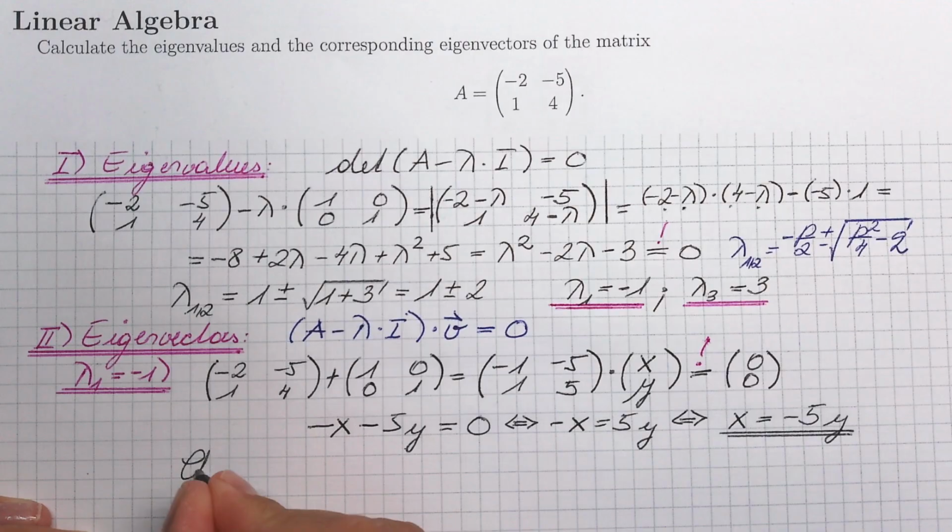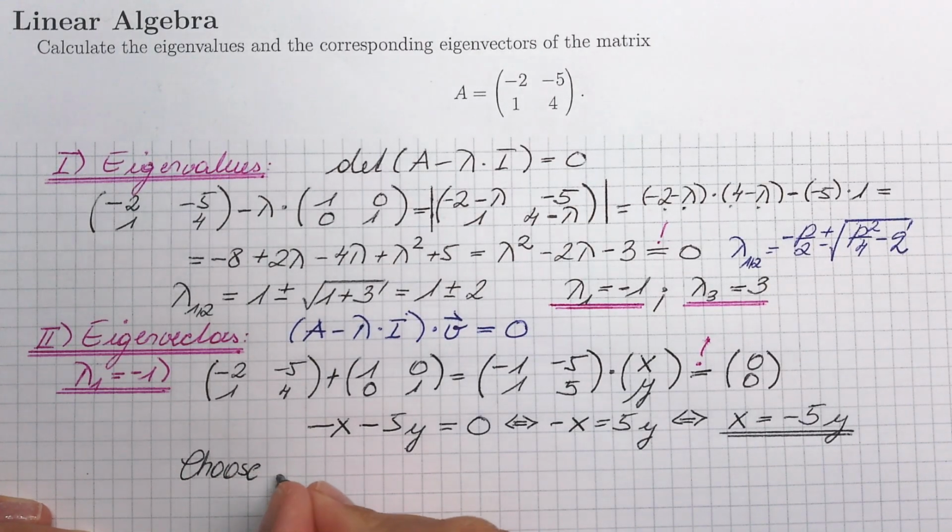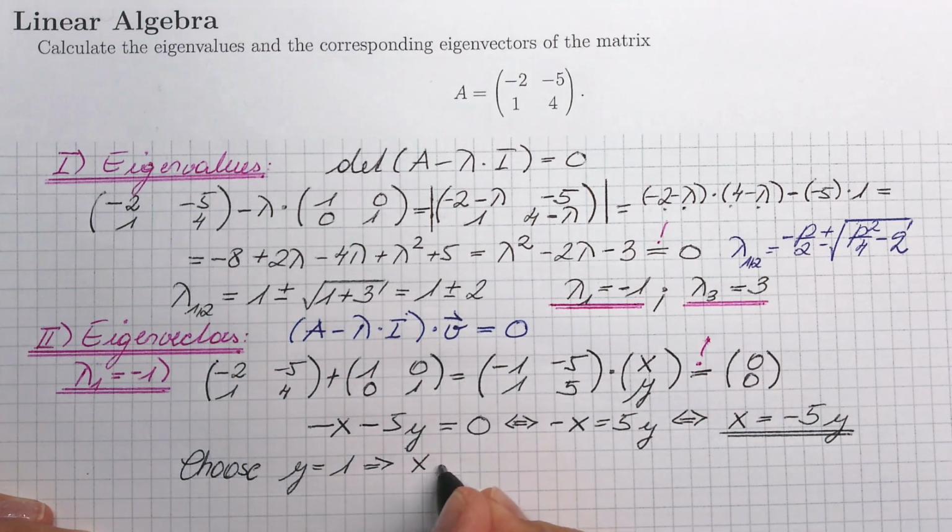So we choose y equals 1. I mean, that's just the same. You could choose 0 or 10 or whatever. Just 1 is nice here, because then you don't get the trivial solution. So if we have y equals 1, we have x equals minus 5.